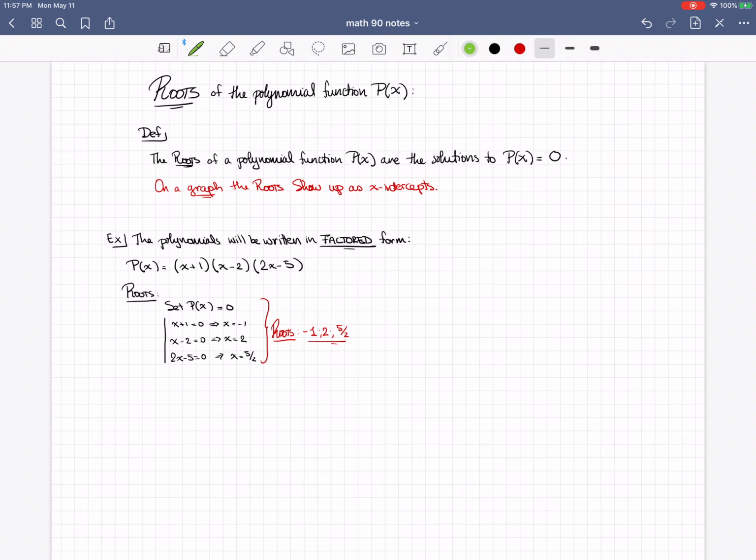Now, let's talk a second about the degree of this polynomial. There's lots of ways to talk about it, and I'm going to use sort of an intuitive approach. Imagine yourself multiplying this out.